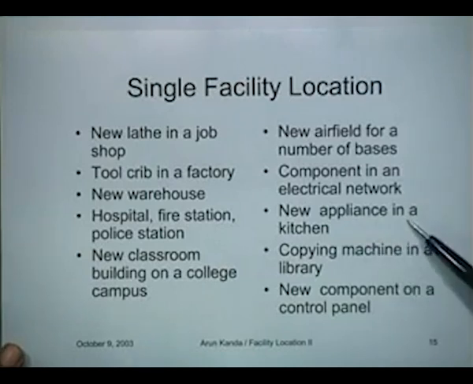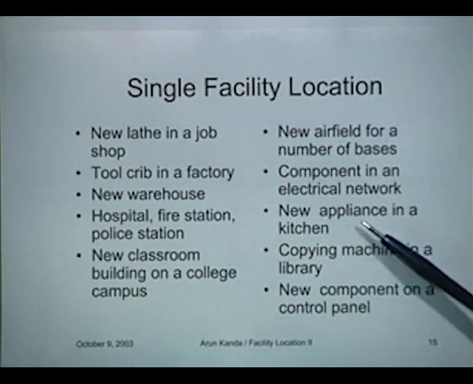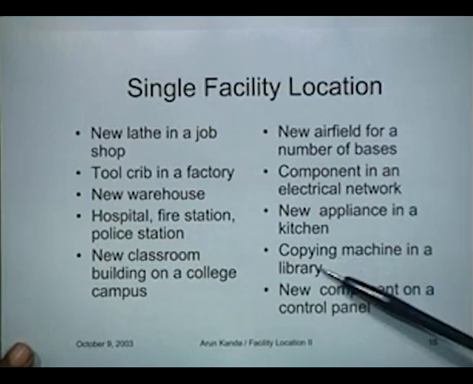You want to talk about an installation of a new appliance in a kitchen. This is again a single facility location problem. You want to find out where a copying machine should be placed in the library, assuming that in a library different readers come from different locations, then you might have statistical data that on the average 20% of the users are from the first floor and 30% from this floor and so on.